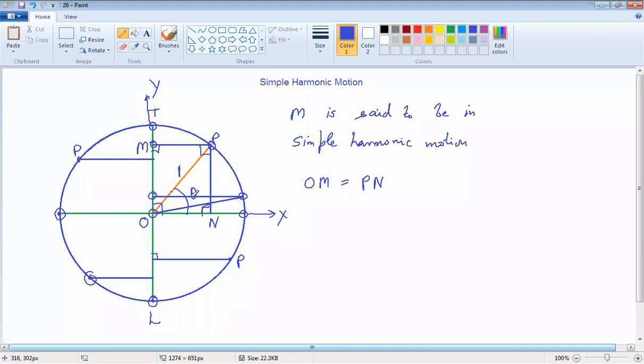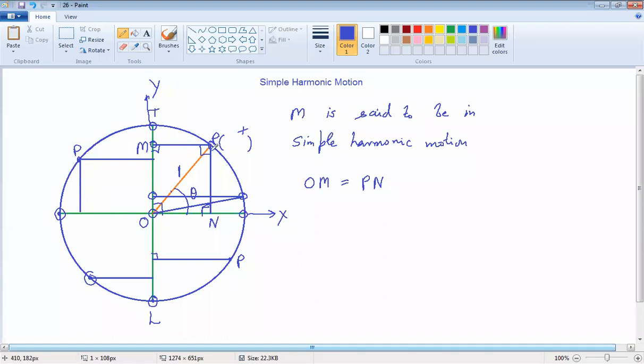But when point P is in the first quadrant, then the y coordinate of this point is positive. In the second quadrant also, the y coordinate is positive, and that will be equal to this length. Whatever is the length of OM, the perpendicular has the same value.